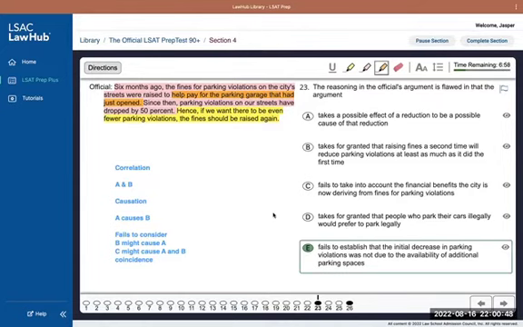If we look at the other answer choices, A says takes a possible effect of a reduction to be a possible cause of that reduction. So this would be the scenario where they are assuming that B does not cause A, or assuming that A causes B, not the other way around, right? So that they're switching the cause and effect.